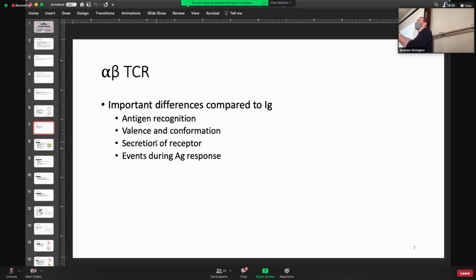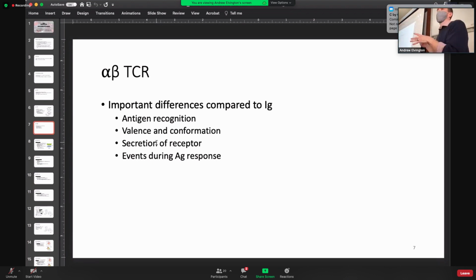I'm curious, are immunoglobulins secreted? If you activate a B cell, what's the outcome? You're gonna make antibody, and antibodies are the secreted form of membrane-bound Ig. So Igs can be secreted.